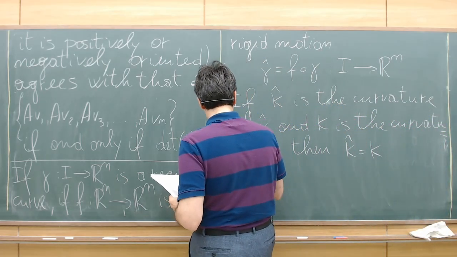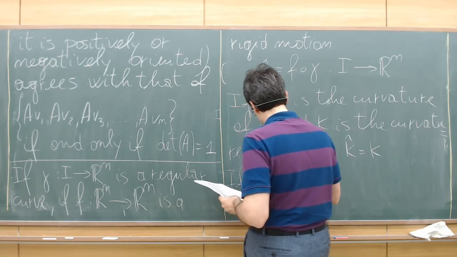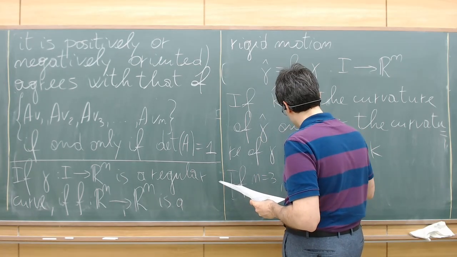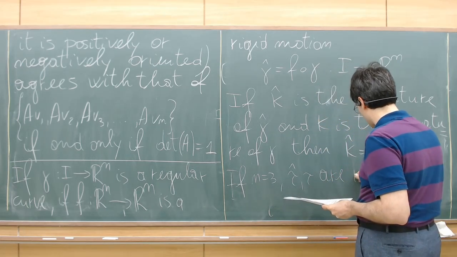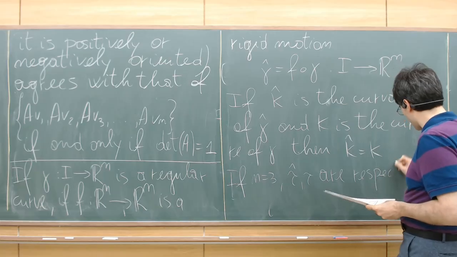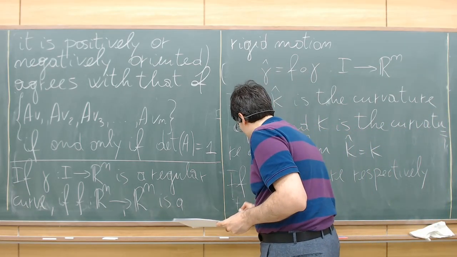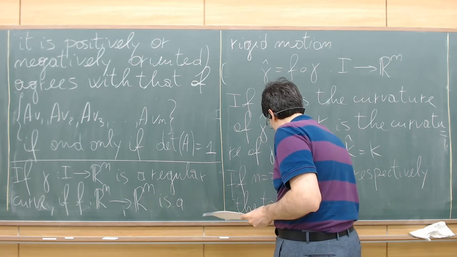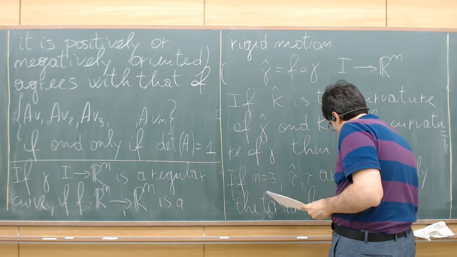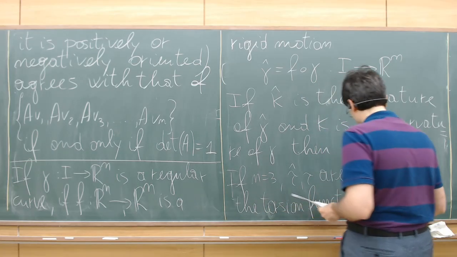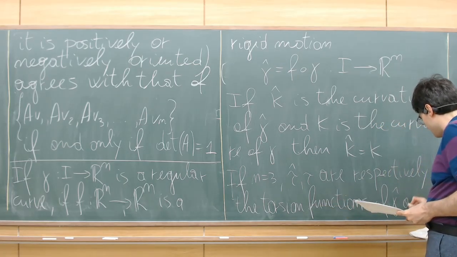If n is equal to 3, tau hat and tau are respectively the torsion functions of gamma hat and gamma.